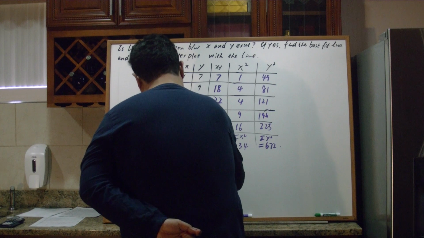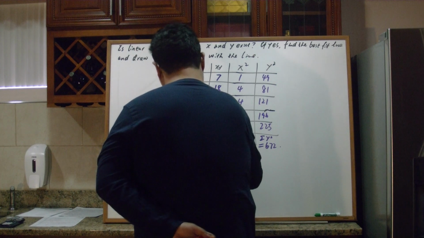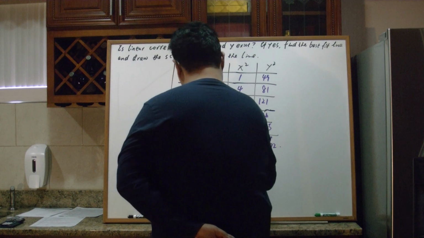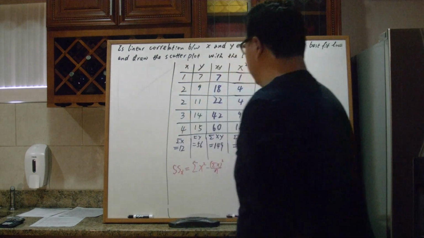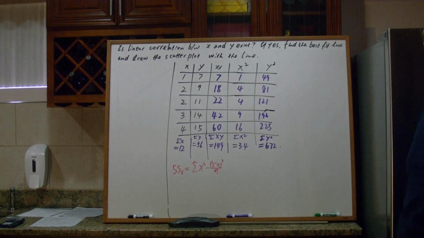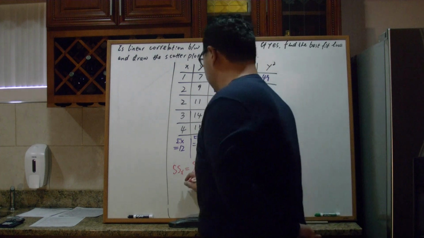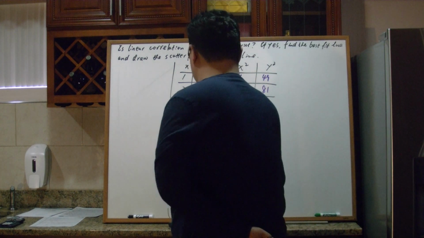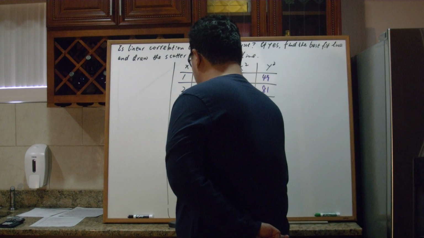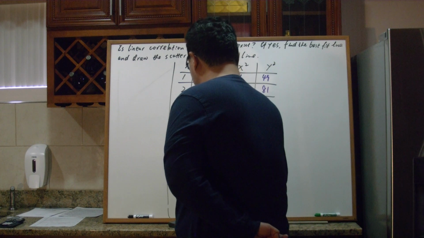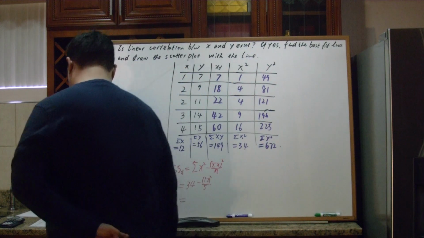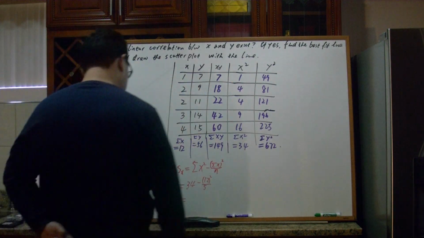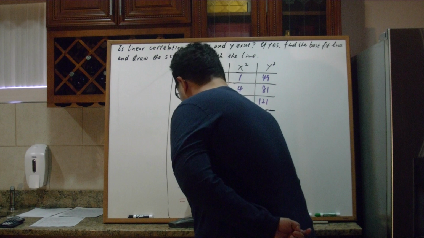So SSX, if you still have the formula, that is the sum of x squared minus the square of the sum of x over n, that is 34 minus 12 squared over 5, which is 5.2.